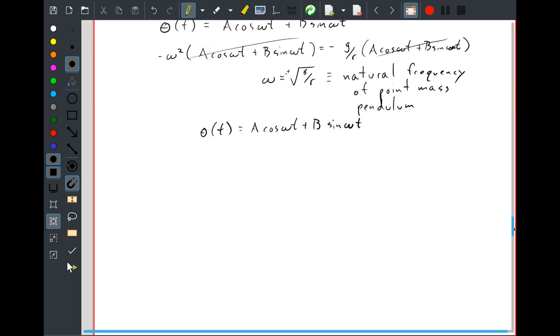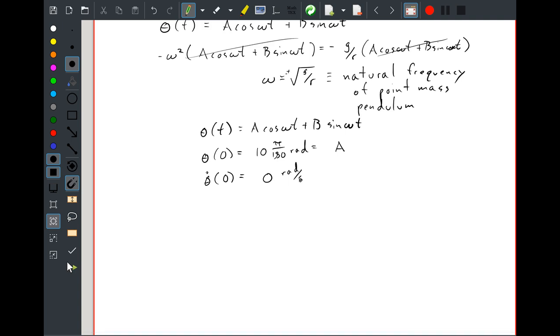So now we've integrated, this is a form of integration. We have two integration constants, a and b. So to solve for those, we say theta of 0 is 10 degrees, so 10 times pi over 180 radians equals a, and theta dot of 0 is 0 radians per second, because it's initially not moving, and this is equal to b times omega.